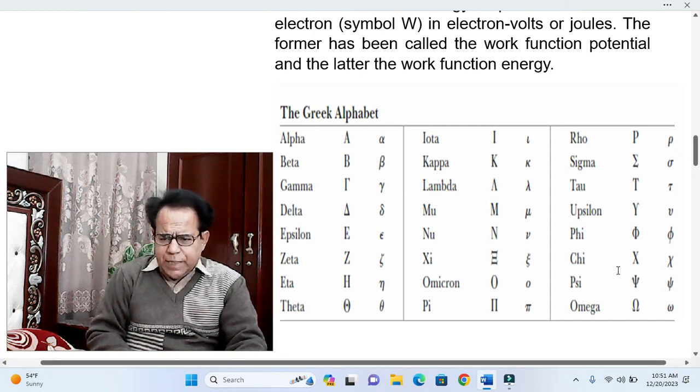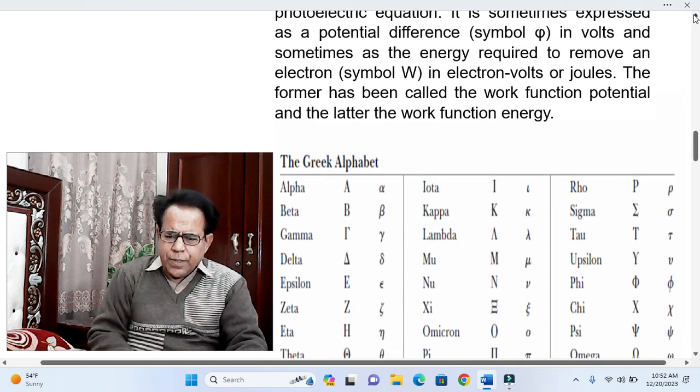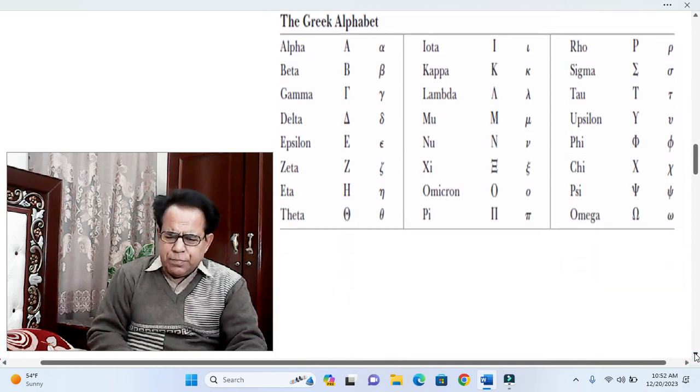However, this symbol is very closely related to these two symbols, phi and psi. So we can also treat it as phi or psi. Anyhow, it is not our basic requirement what this symbol is called. This symbol is almost phi or psi.